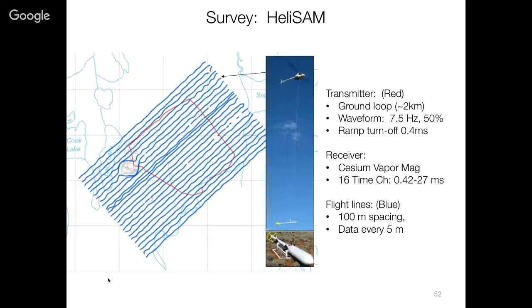But I think the interesting thing about this is that, okay, it's a ground-based transmitter, but you're actually measuring data in the air, and more than that, you're now measuring the total magnetic field. That's very different than what's generally measured with coil sensors, which measure dB/dt.